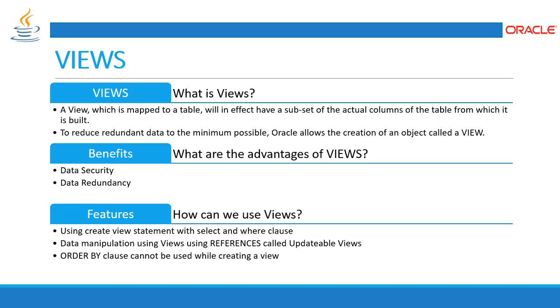Data manipulation using views is possible with the help of references that we have discussed in our last video about data constraints. That is called updatable views. That means you can insert, update and perform all the data manipulation language statements in the table with the help of views only if we have references.